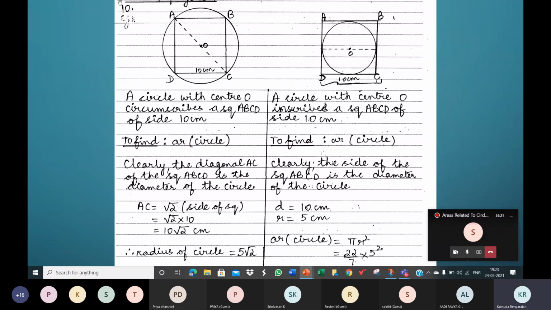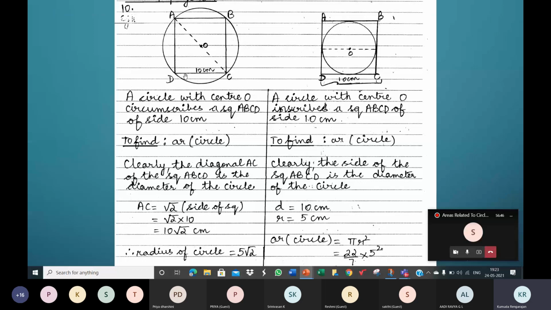I repeat, since ABCD is a square, every corner is a right angle. Now the question is, does the center O of the circle lie on the diagonal AC? And the answer is yes, because by the theorem, the angle in a semicircle is a right angle.